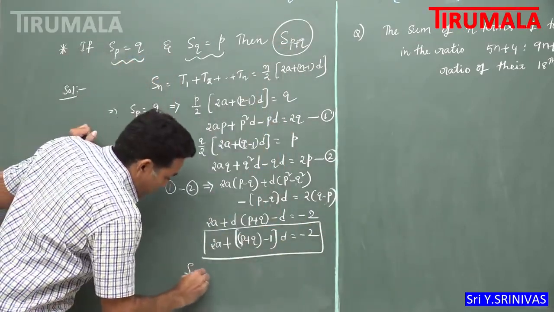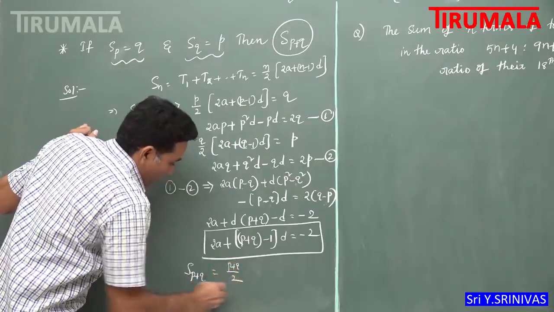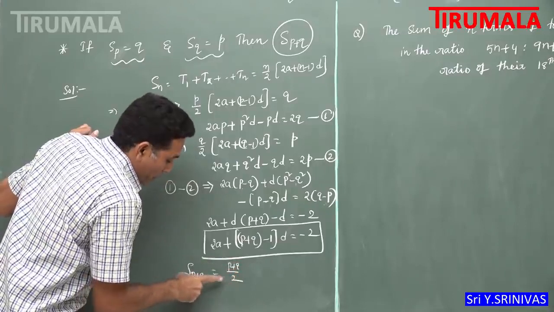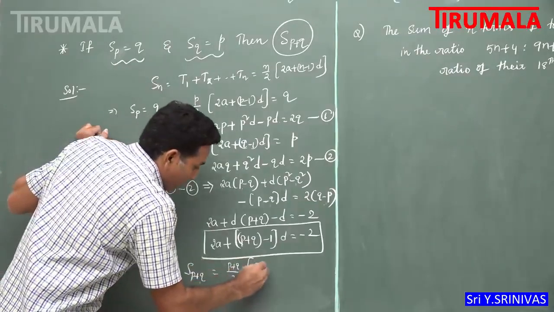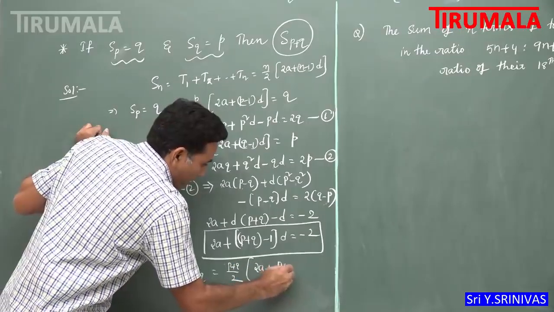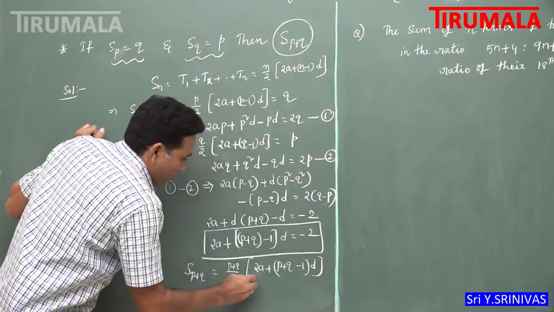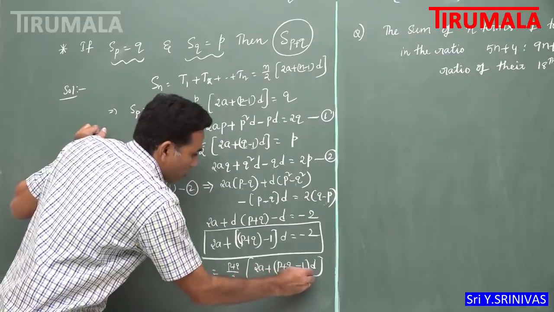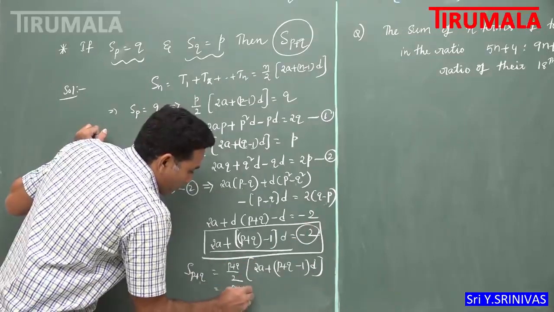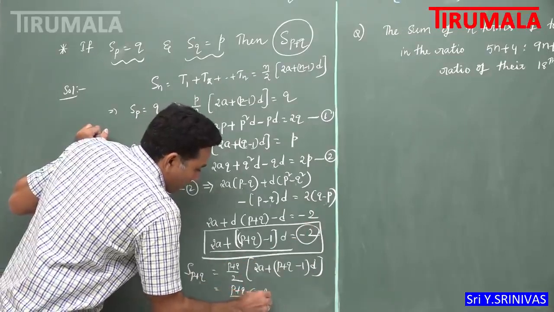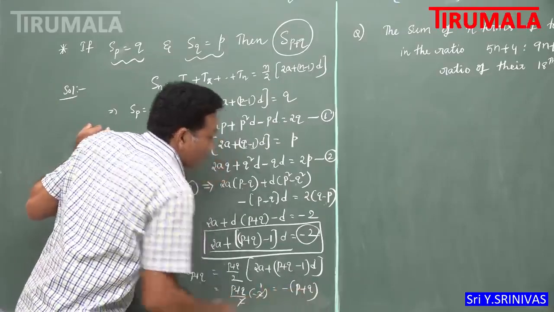Sum of P plus Q terms is P plus Q by 2 into 2a plus P plus Q minus 1 into d. The value of 2a plus P plus Q minus 1 into d is minus 2, so P plus Q by 2 into minus 2. The answer is minus of P plus Q.